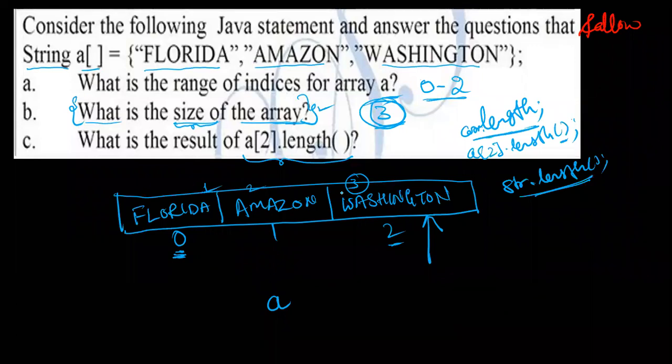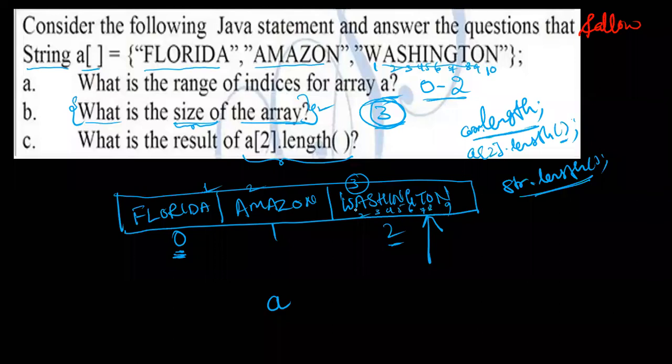So how many characters are there? 1, 2, 3, 4, 5, 6, 7, 8, 9. Okay, 10 characters are there.